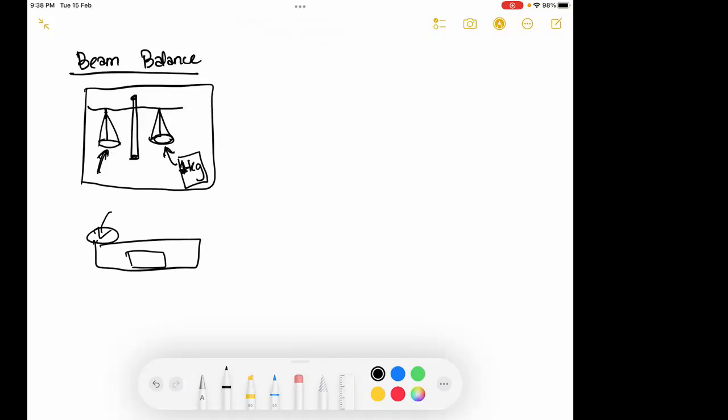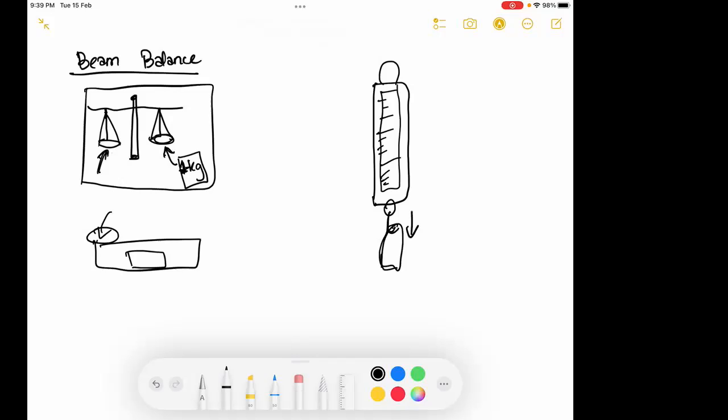What about a spring balance? Yeah, a spring balance usually is like a hook that has a scale, and it measures the force with which something pulls the spring downwards.